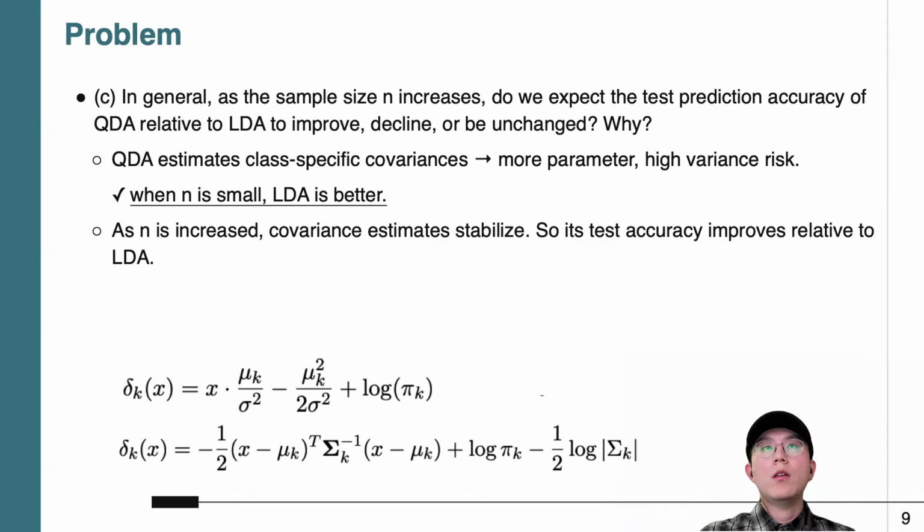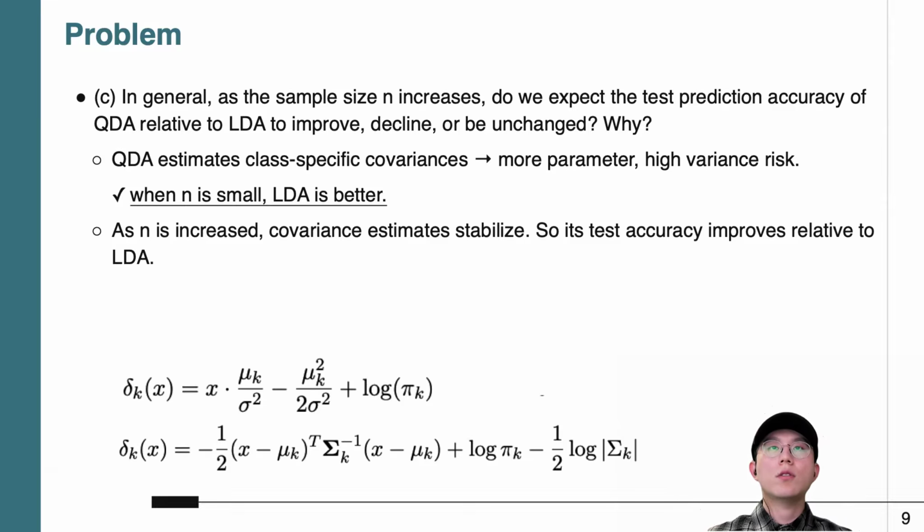QDA has more parameters and is more flexible. So as the sample size increases, covariance estimates stabilize and variance decreases. QDA's generalization catches up and may surpass LDA.